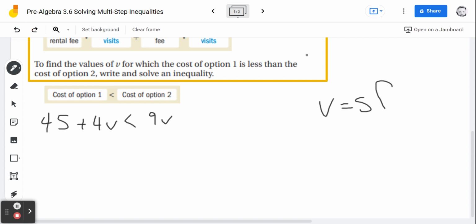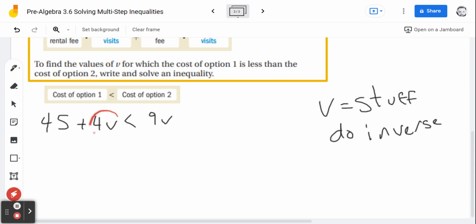And we still do the inverse. So I see that I have V on both sides of my inequality, so I want to move these. First thing I notice is that 4V is less than 9V.